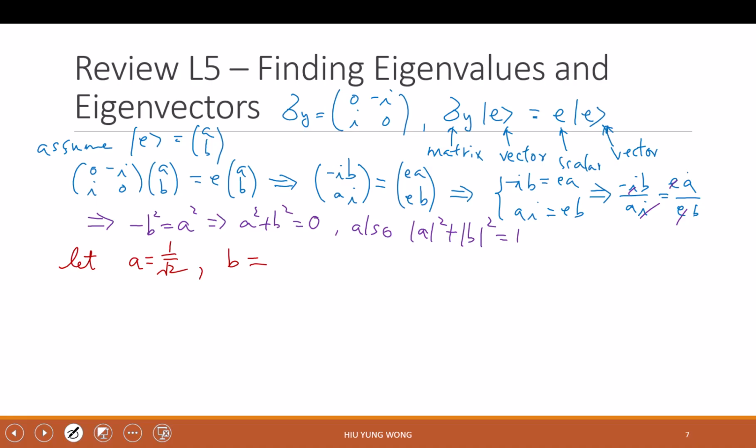B must be equal to plus minus I over square root 2, right? Because B squared will give you negative 1 over 2. And then this is 1 over 2. It gives you 0. How about their magnitude square? Sum of them. They're still equal to 1, right? So that is good.